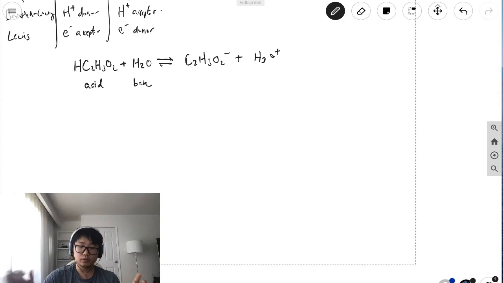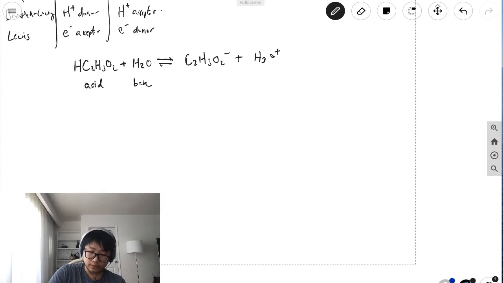This reaction is really just throwing the acetic acid into base. And this is very common with vinegar preparation. When you buy vinegar at the store, it's 5% acid, which means the other 95% is water. So what's going on here is the acid is donating an H+ to the base.